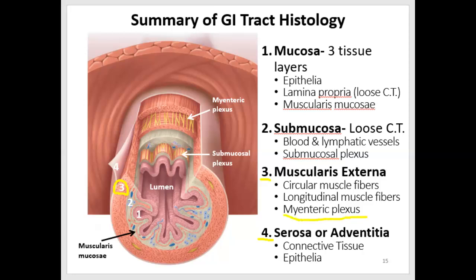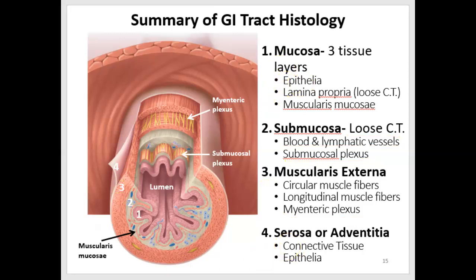Then we go to the submucosa, a little bit deeper. And here we have lots of tissue types. We have loose connective tissue. We have some nervous tissue, which forms the submucosal plexus. And then we have all the tissues that make up vessels, blood vessels as well as lymphatic vessels. So there'll be some lymph, there'll be some blood, as well as the epithelial cells that line those vessels.